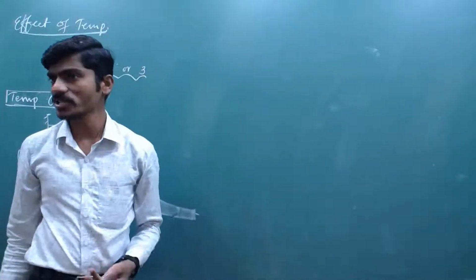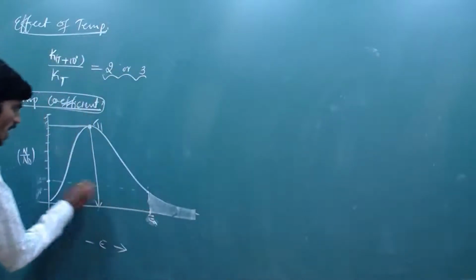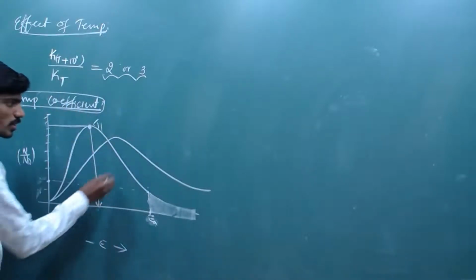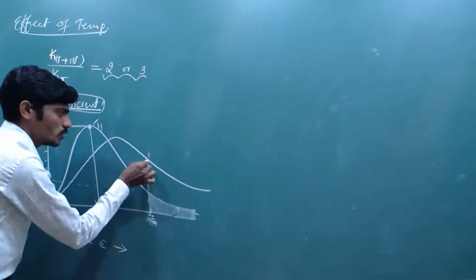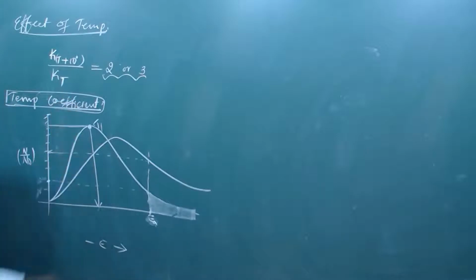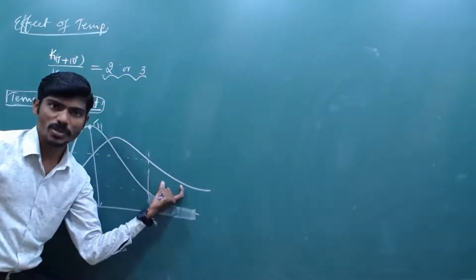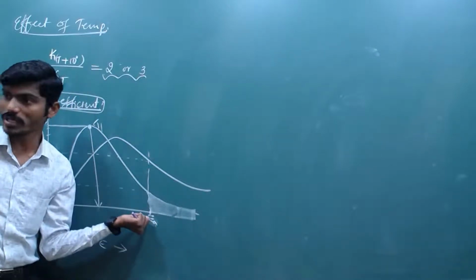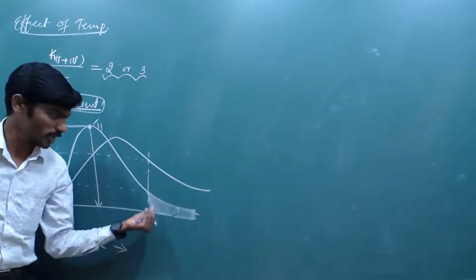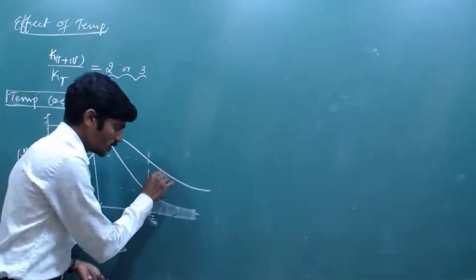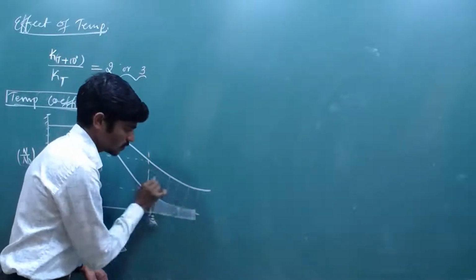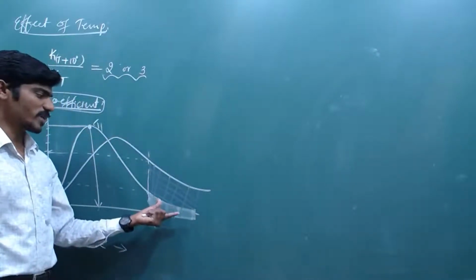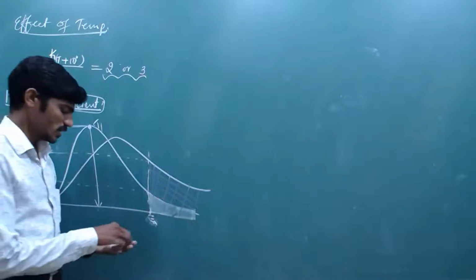Indirectly the rate of reaction also increases, because as the temperature increases, the fraction of molecules having the energy required to form the product increases. It is nearly double. So the fraction of molecules increases, and as a result the rate of reaction nearly doubles.